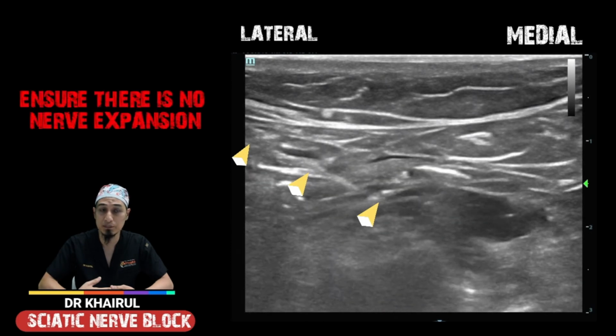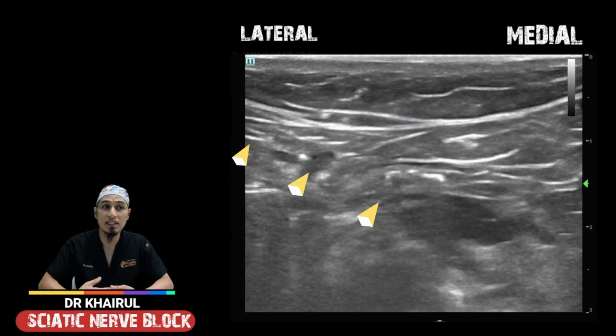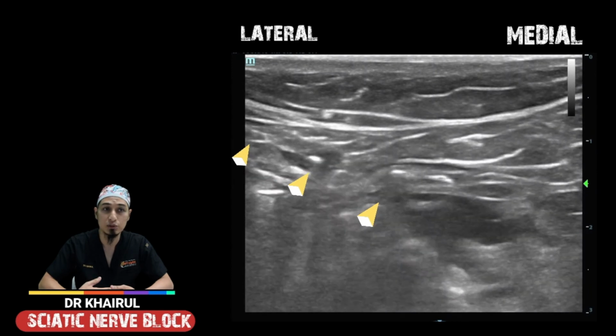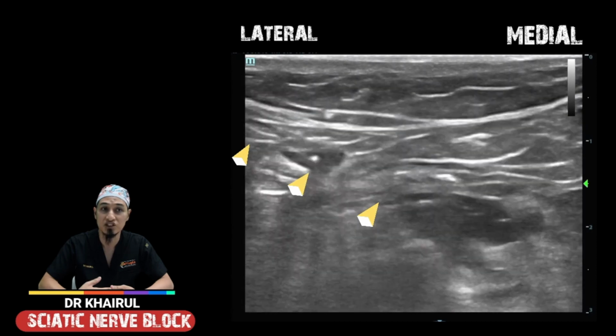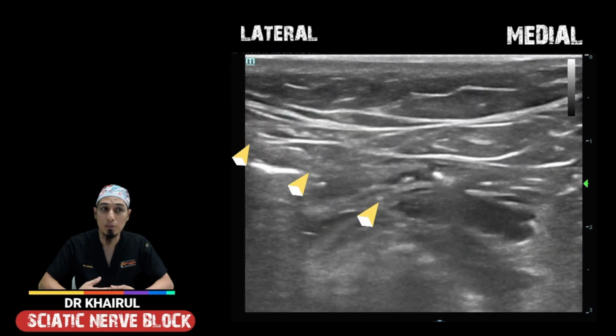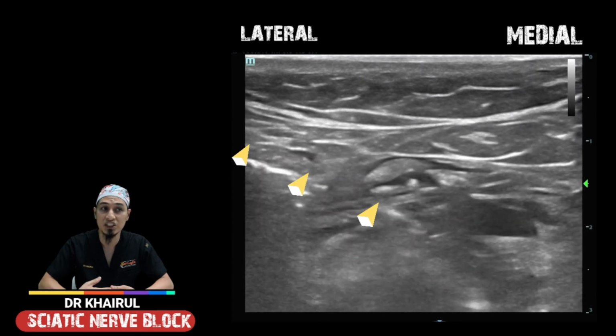Ensure no nerve expansion, suggesting intraneural injection. Scanning off away from the needle during injection confirms that LA is spreading appropriately around the main trunk and distally around both tibial and common peroneal nerve, filling up the fascial sheath.